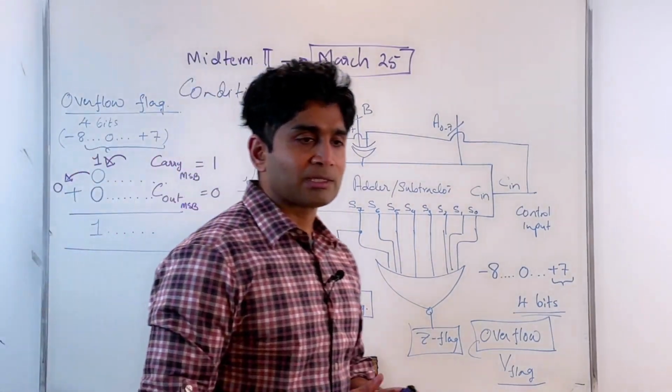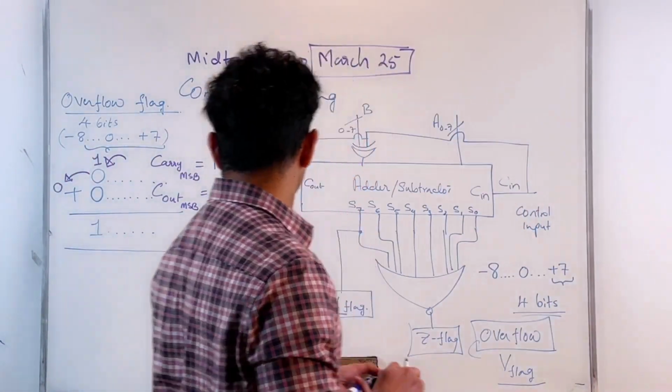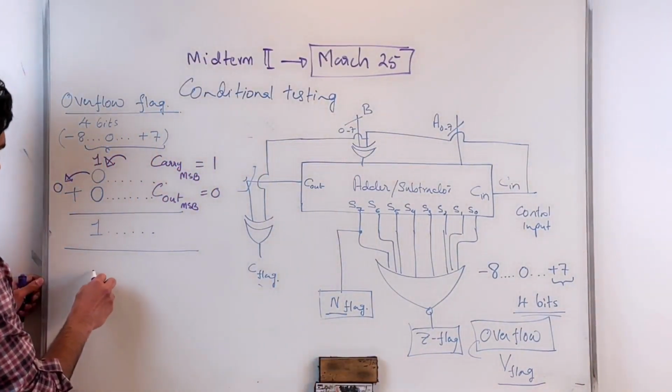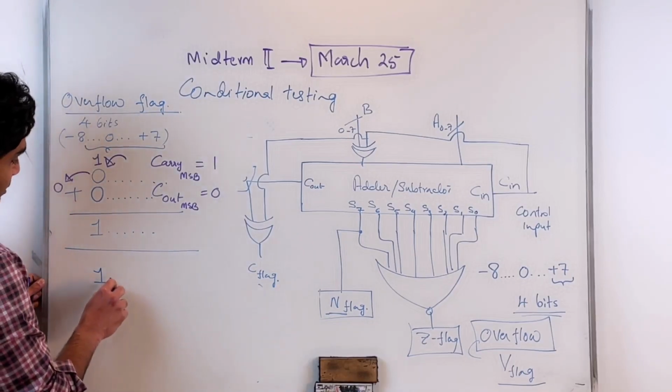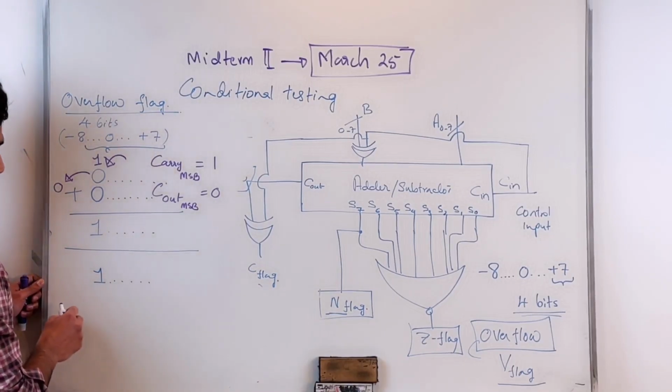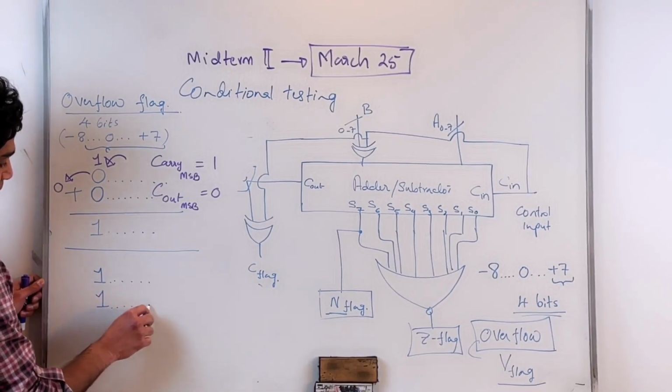What about when I'm adding two negative numbers? When do I get an overflow? Again, when I say negative numbers, that means my most significant bit is a 1, followed by whatever bits you have, I don't care. My most significant bit is a 1, followed by that.